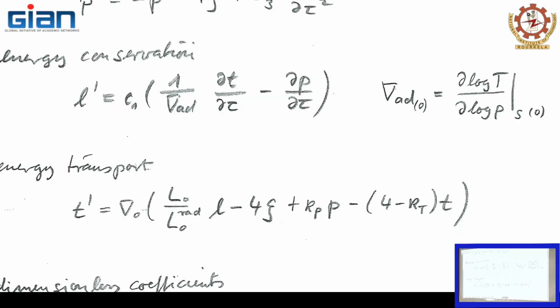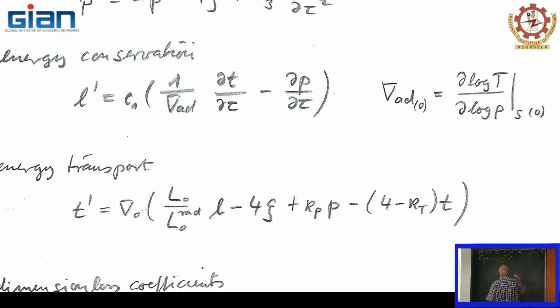So on the left-hand side, we have 1 over C1 times L dashed is equal to the bracketed term, 1 over nabla adiabatic times dT by d tau minus dp by d tau.